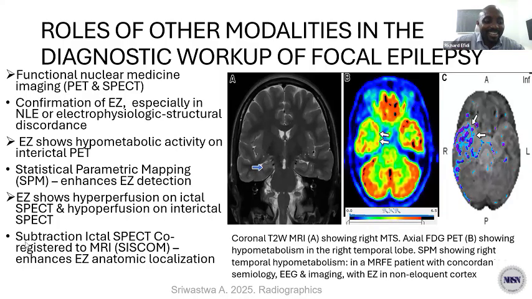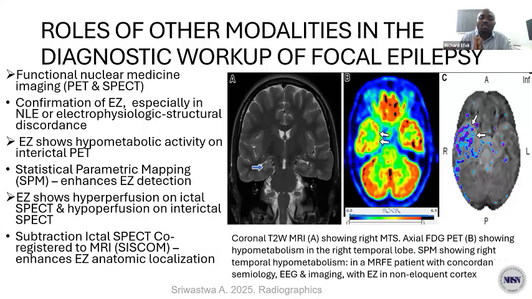Now, there is a technique called subtraction ictal SPECT co-registered to MRI, which is what we call SISCOM. What happens here is that the data from the interictal SPECT is subtracted from the ictal SPECT in order to maximize the contrast, the detection of the epileptogenic zone.